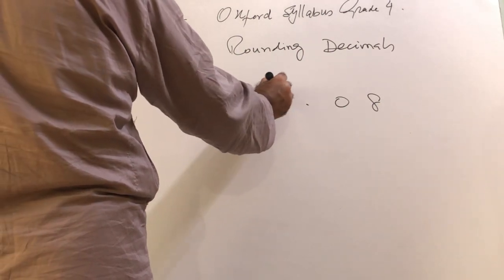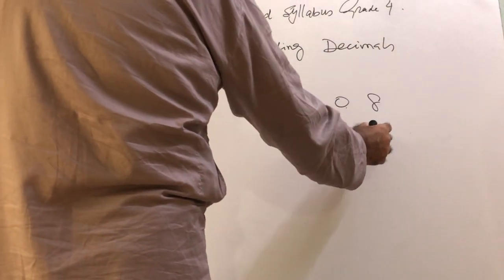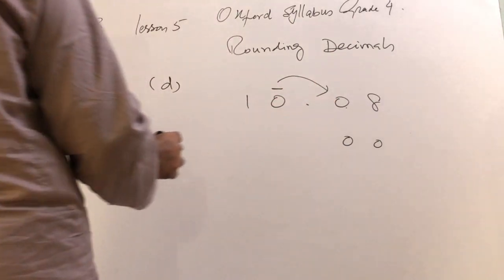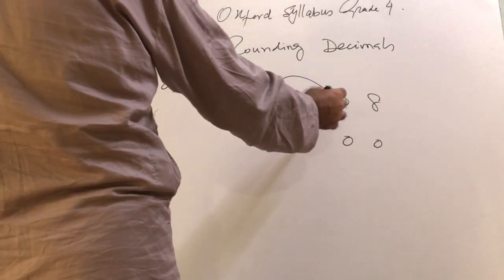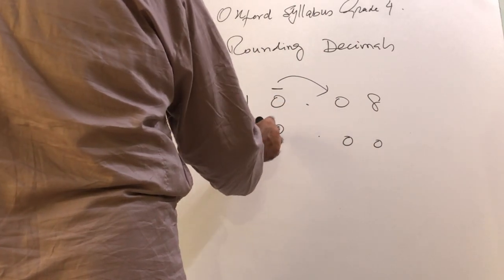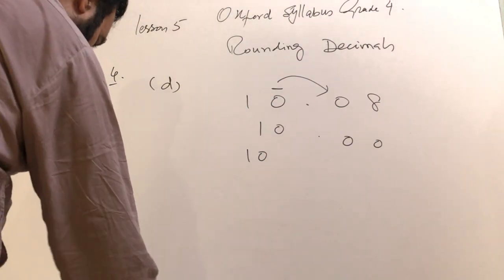So we are doubtful about this figure, and we'll put a mark here. These will be 0 automatically, no need. For this, we'll look at the immediate right neighbor. This is 0, which is less than 5, so no change here. It remains 10. 10.00 means 10. So its answer is 10.